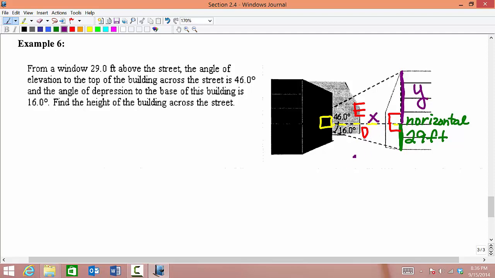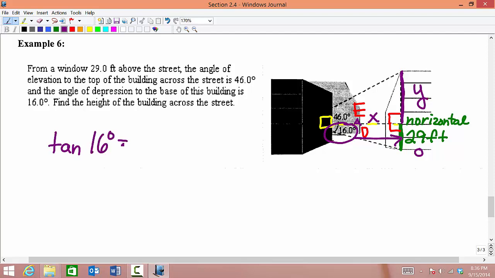So looking at our bottom triangle here, we have our angle of 16 degrees, and from the perspective of that angle, I know the side that is opposite of it, and I know the side that's adjacent to it. So we're going to set up a trig equation.